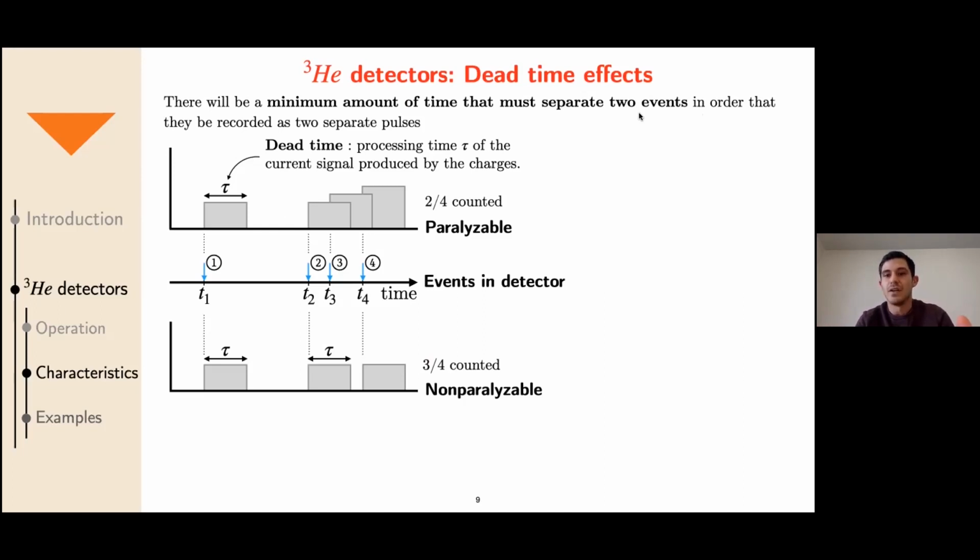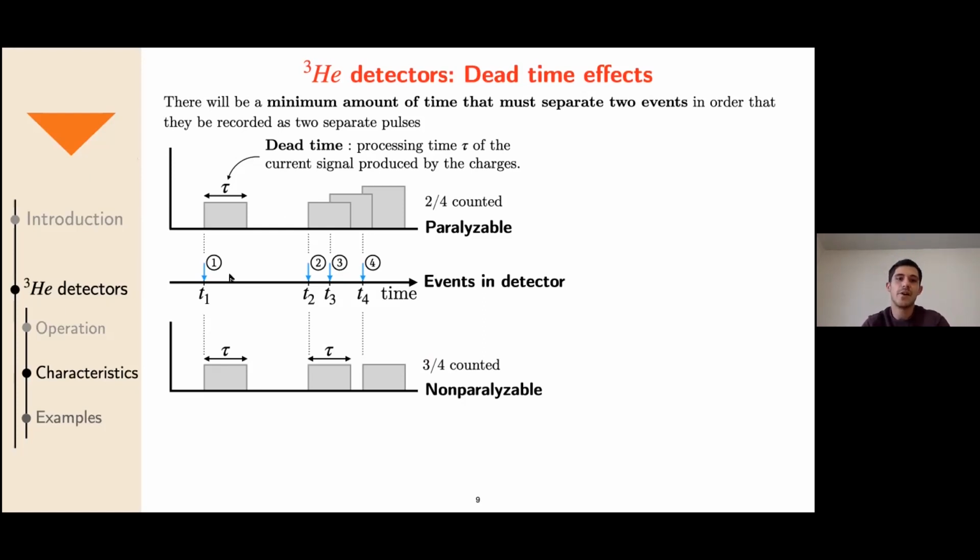And this limiting time depends in part on the associated electronics. And this is David Portinari that will deal with this later. And this minimum time separation is usually called the dead time. So the dead time corresponds to the processing time of the current signal produced by the charges.